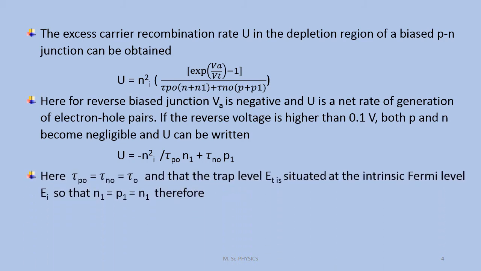Here tau p0 and tau n0 are equal to tau naught and the trap level Et is situated at the intrinsic Fermi level, Ei, so that n1 is equal to p1 is equal to ni. Therefore, the excess carrier recombination rate U is equal to minus ni by 2 tau naught.